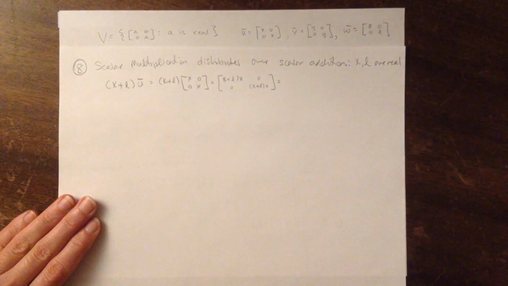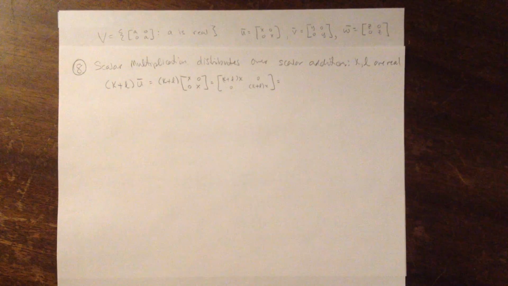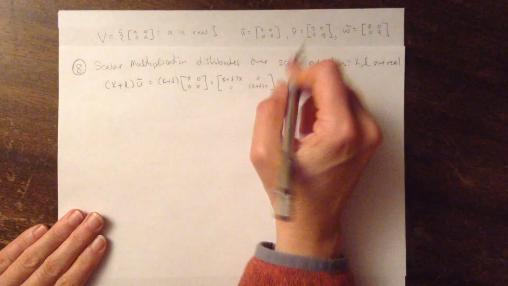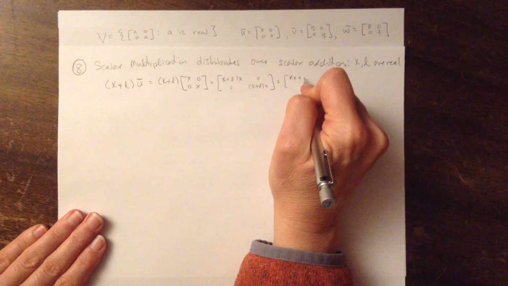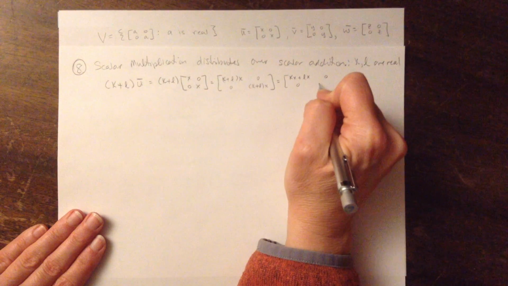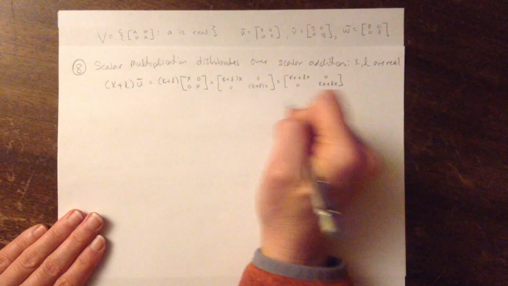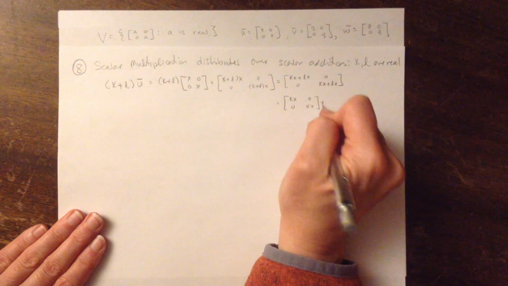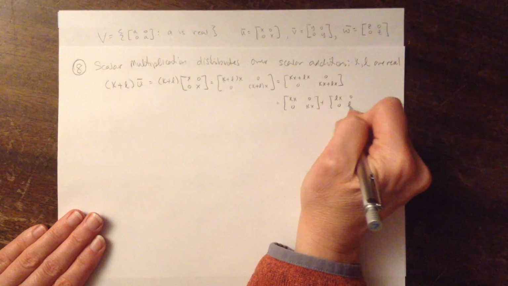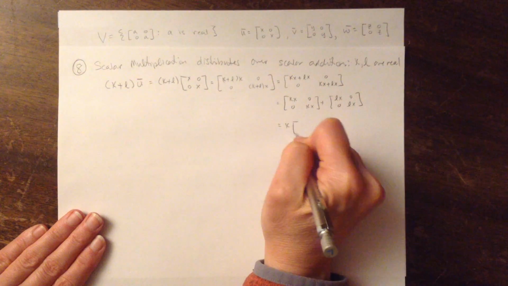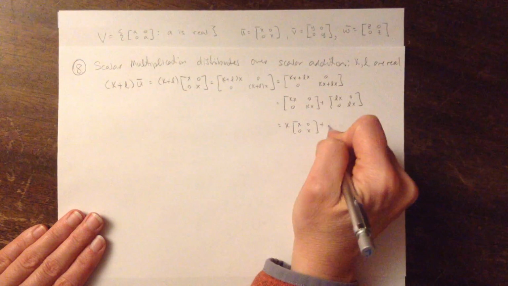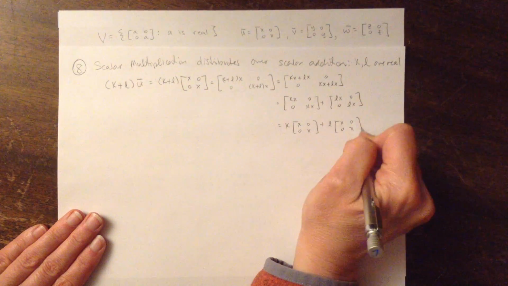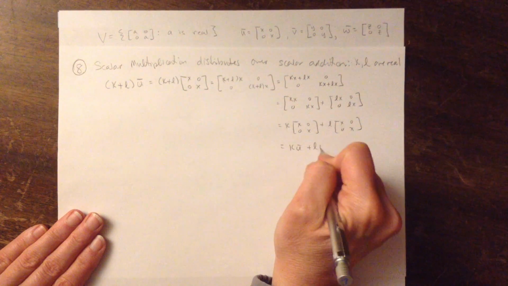And then again here, the distributive law of real numbers is going to kick in, and this property, for this vector space, will get inherited from the same property of real numbers, because I can distribute this x here and get kx plus lx, 0, 0, kx plus lx, which is kx, 0, 0, kx plus lx, 0, 0, lx, which is k times x, 0, 0, x plus l times x, 0, 0, x, which is k times u plus l times u.